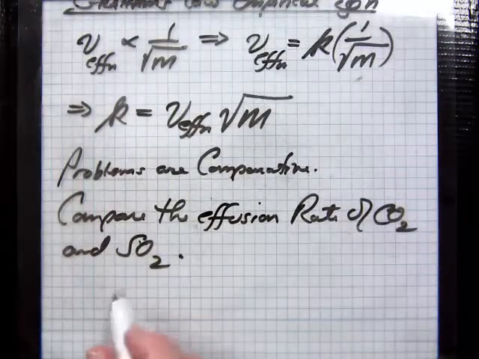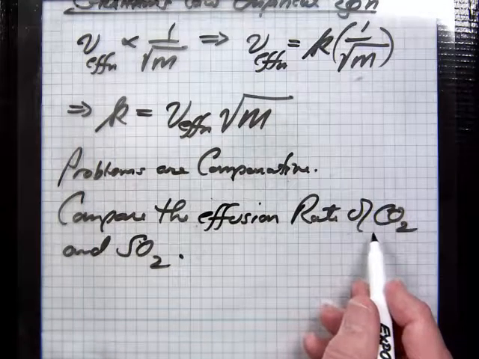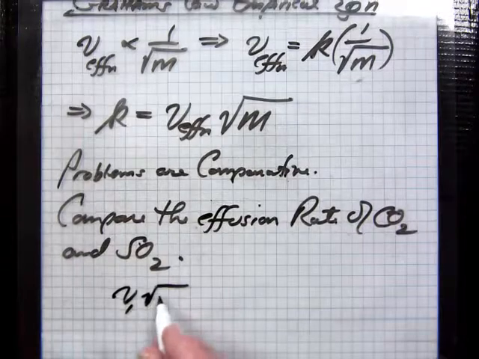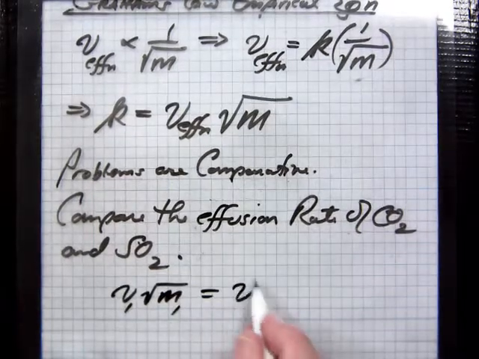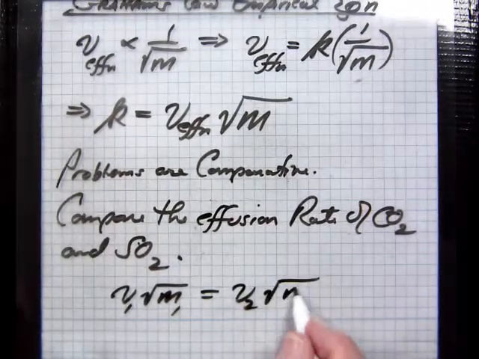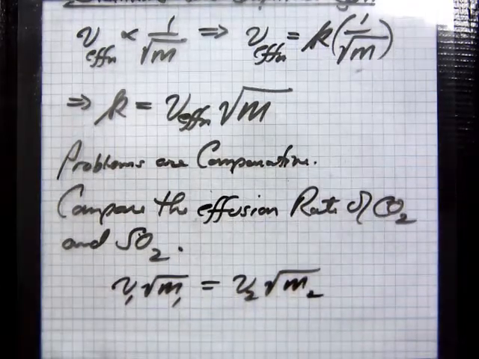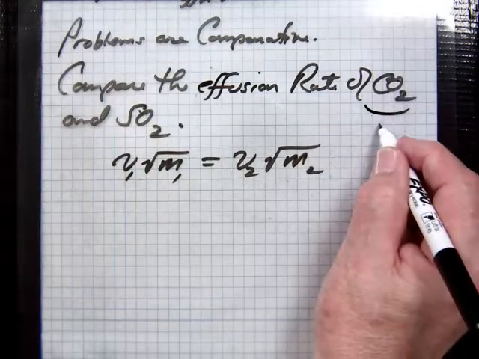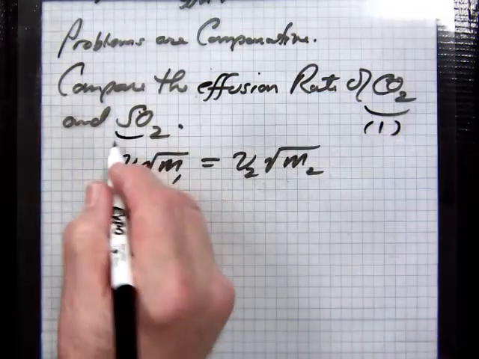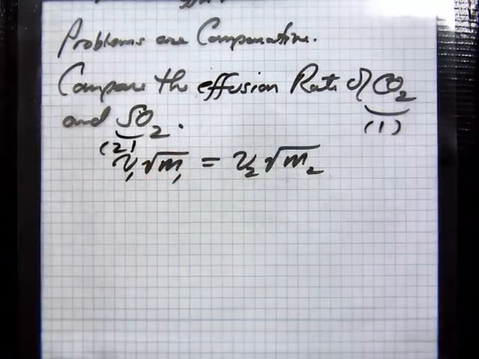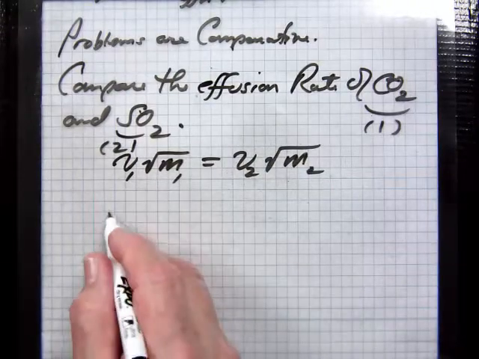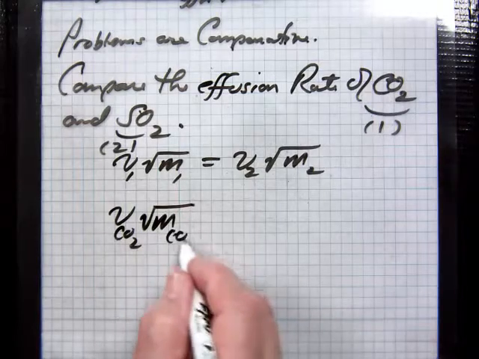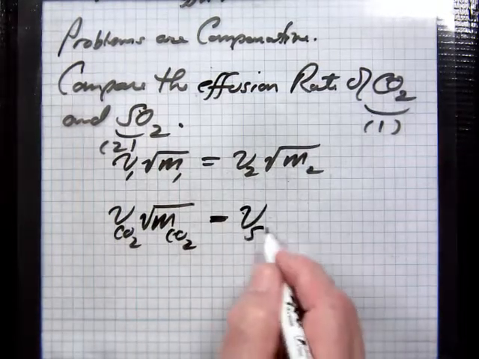We'll call this gas 1, gas 2. And so we have V1 on the molecular weight of M1, V2 molecular weight of M2. And so if we let this be particle number 1 and SO2 particle number 2, then we would have velocity of CO2, square root of mole weight of CO2, velocity of SO2, and so forth.